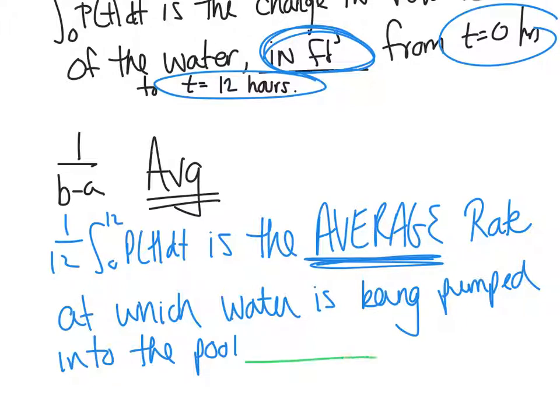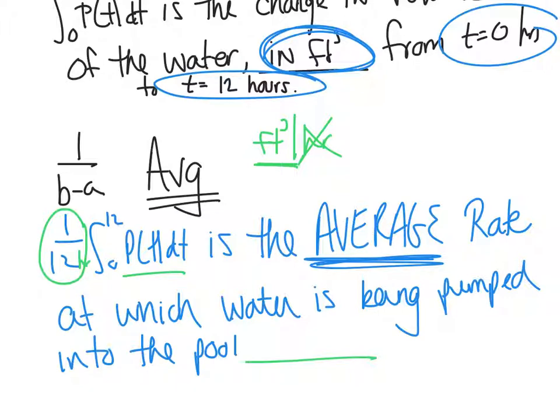Okay, so we have to talk about our bounds. That's the next key thing. So if I integrate P of t, which was feet cubed per hour, we're going to lose the hour and we're going to get feet cubed. But we are now multiplying by 1 over 12, which is hours.